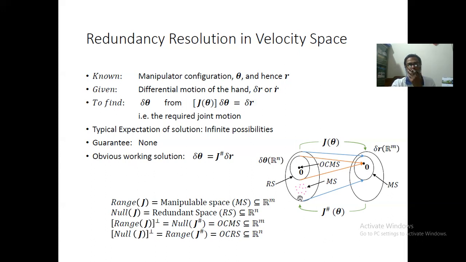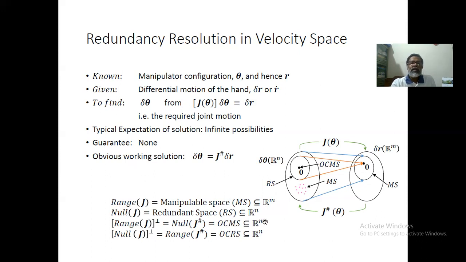Similarly here, whatever is in the manipulable space, those delta R's which are images of some delta theta and therefore of infinite possible delta theta vectors, its orthogonal complement in this space will be those vectors which constitute pure conflict in this system of equations. These are in the orthogonal complement of the manipulable space.